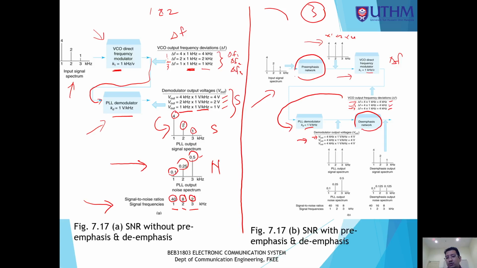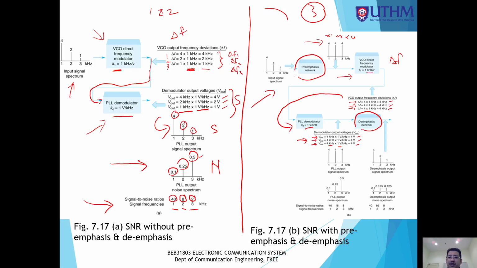Vout1 is delta F1 multiplied with KD, so we get 4 volt. Vout2 is delta F2 multiplied with KD, so we get 4 volt. Vout3 is delta F3 multiplied with KD, so we get 4 volt.